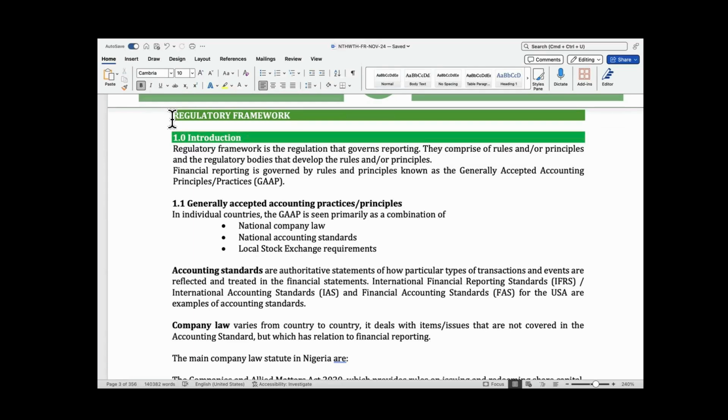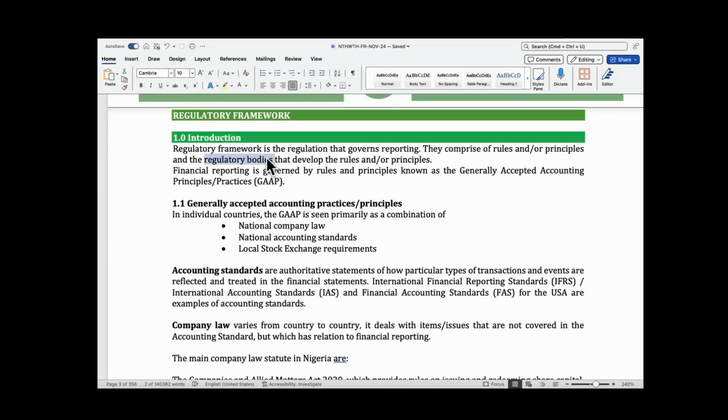It's strictly regulated. So under this topic, I'll be looking at the rules and the principles that govern financial reporting, and also the regulatory bodies that develop these rules and principles.